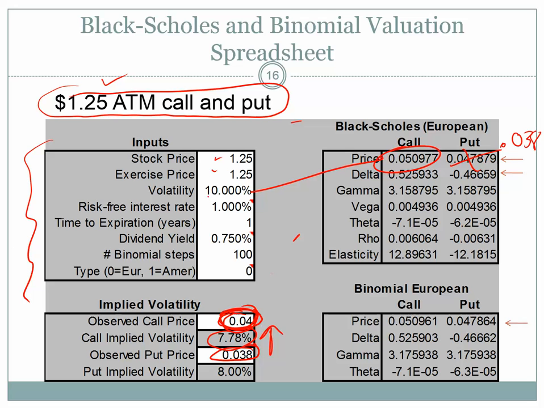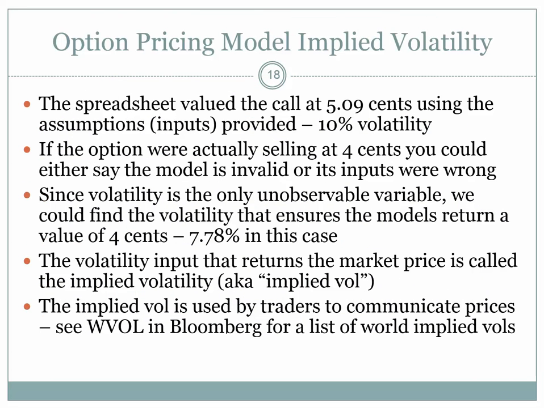That implies that the market's estimate for volatility is less than 10, because I have to lower that 10 to lower this price. And I have to lower this 10 to lower this put price to get to 3.8. So there is a relationship that you should understand between implied vols, prices, and Black-Scholes implied prices.